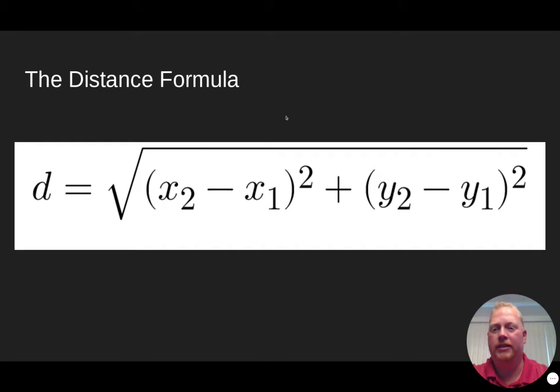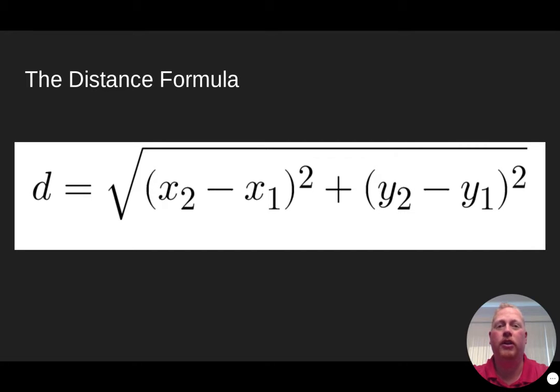So all this means is that the distance between 2 points is the square root of my X coordinate from 1 point minus the X coordinate from another point, and then I square that difference, and then add it to the Y coordinate from 1 point minus the Y coordinate from the other point, and then I square that. So that's what the distance formula looks like.